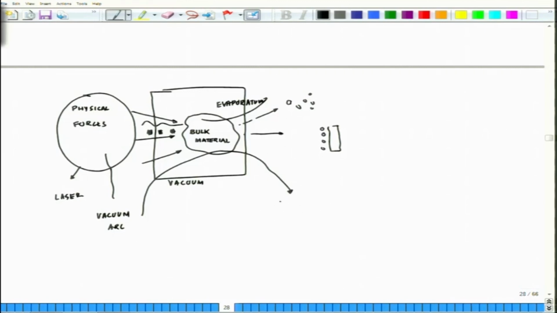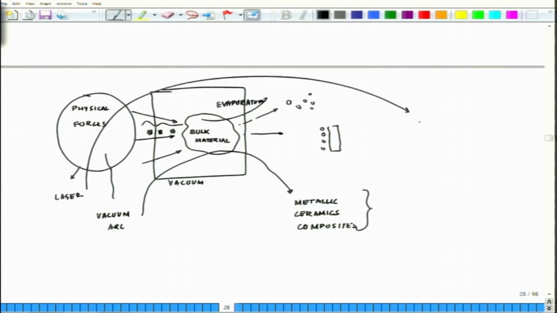Okay. So, vacuum arc is used for metallic, ceramics, composites, whereas laser is used for polymeric and many other materials, of course. So, one of the areas is polymeric materials.